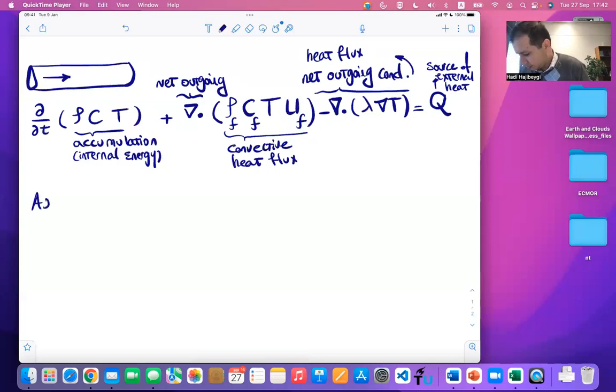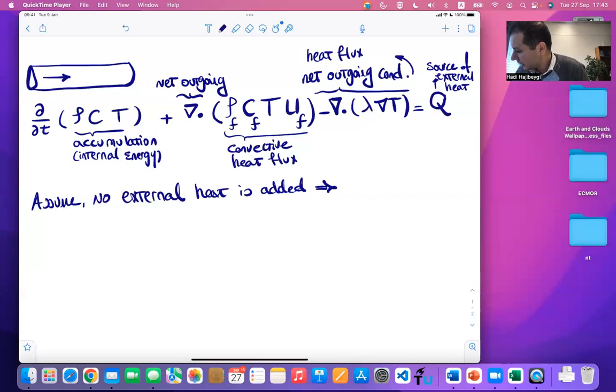So let's assume no external heat exists, or no external heat is added. That would mean that therefore Q is 0. That simplifies mathematics for us.